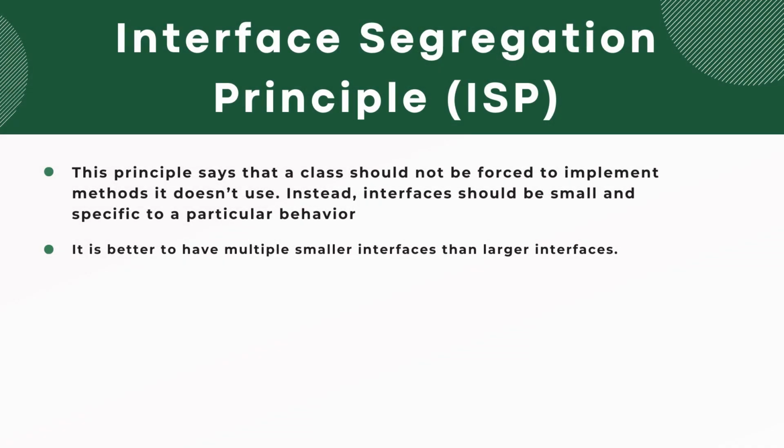The fourth principle is the Interface Segregation Principle. This principle says that a class should not be forced to implement methods it doesn't use. Instead, interfaces should be small and specific to a particular behavior.